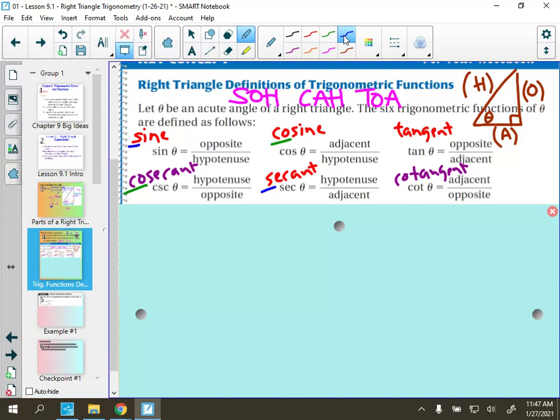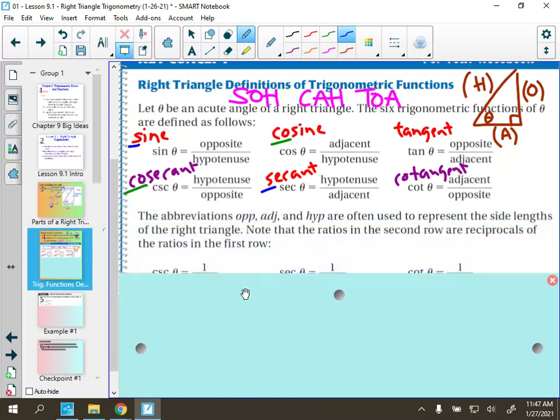I'm being honest, that's how I remember it, the way I think it should go, co and co. Yeah, that's not how it goes. So come up with something you're able to remember. Sine always goes with cosecant, and cosine always goes with secant. Like I said, tangent, cotangent is easy because they sound the same. So figure out how you're going to keep that straight.